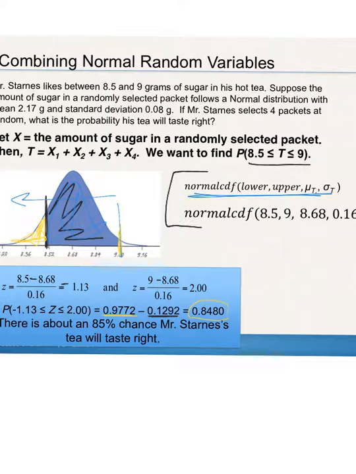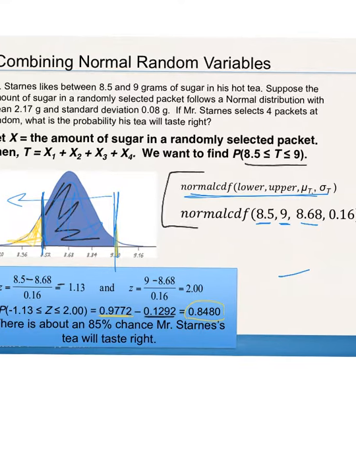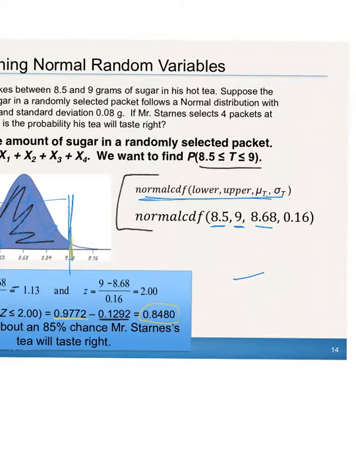In this particular case, the lower boundary is that 8.5, which is right here. Upper boundary is the 9, which is right there. And then our new mean when we combined all 4 packets was 8.68, and our new standard deviation when we combined all 4 packets and took the variance and then took the square root was 0.16.